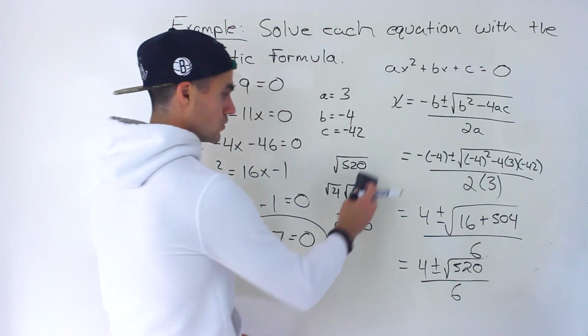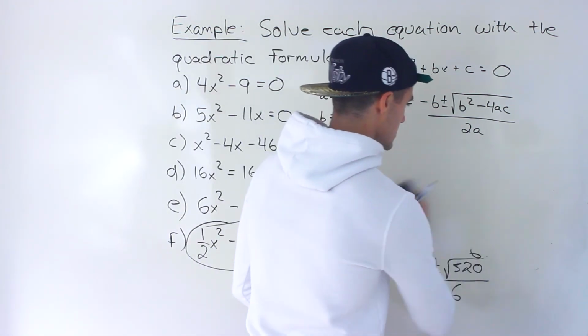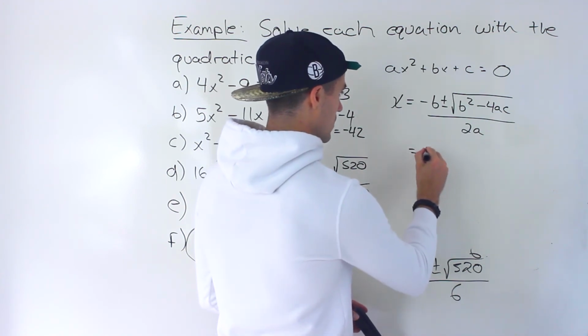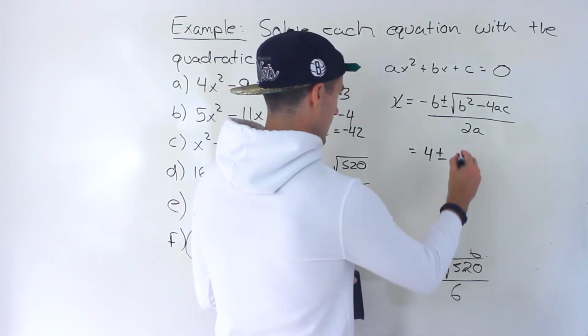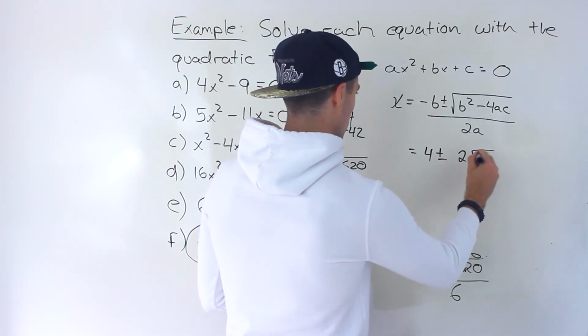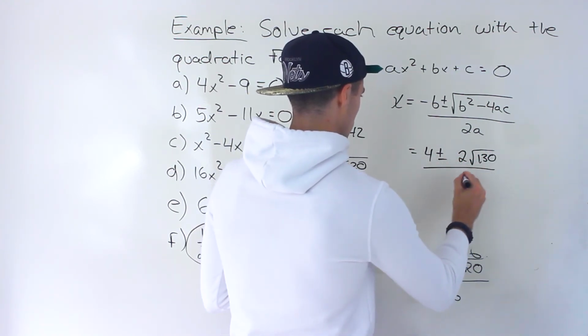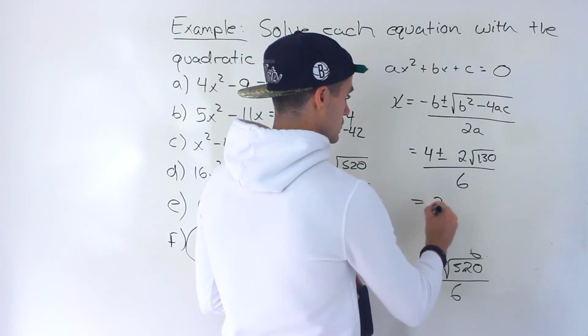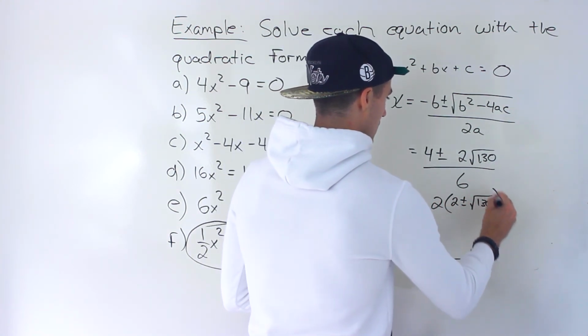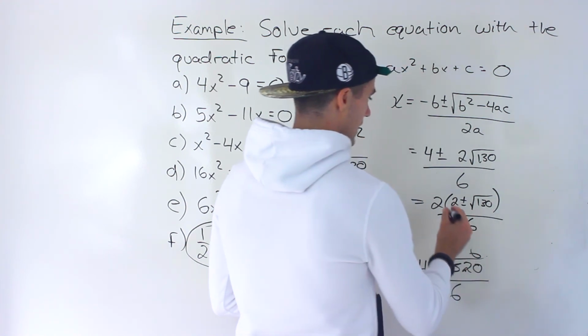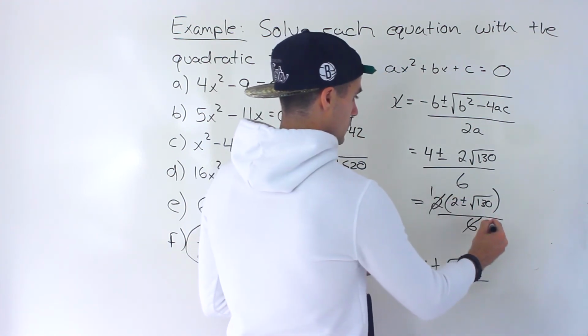And so let's erase this, continue here. We'll have 4 plus or minus, now root 520 I'm going to rewrite as 2 root 130. That's going to be all over 6. I could take out a 2. We'll have 2 plus or minus root 130. And then that's going to be all over 6 like that. And then 2 over 6, that simplifies to 1 over 3.